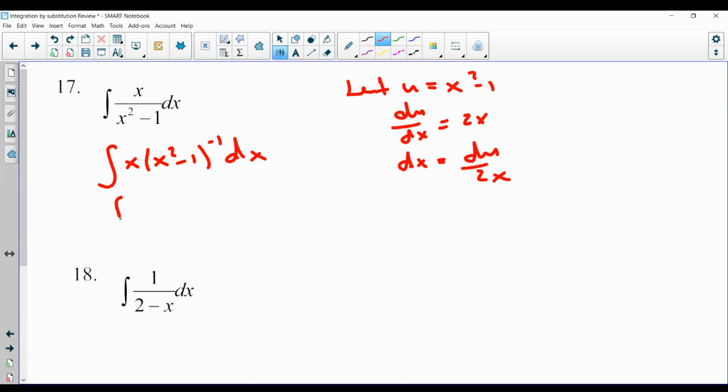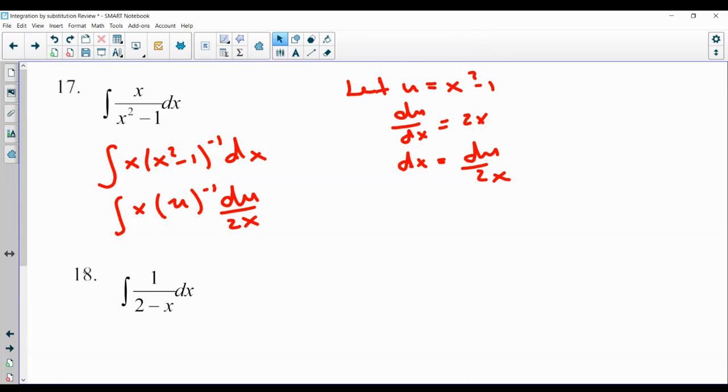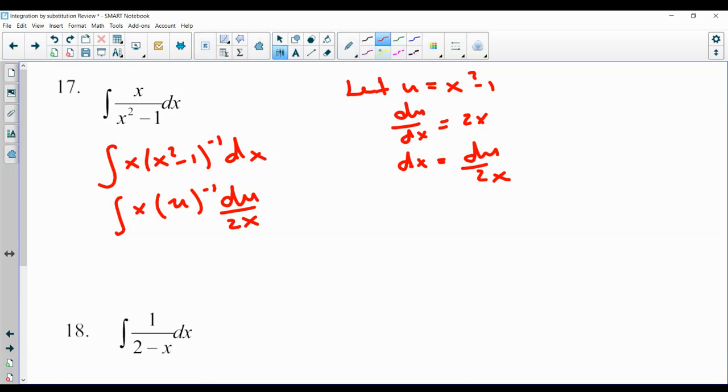So when I come back over here, the x's go away, which I need to happen, and it's just the integral now of 1/2 u to the negative 1 du, which is the absolute value. I'm going to make the substitution in right now because I don't have room. Okay, perfect.